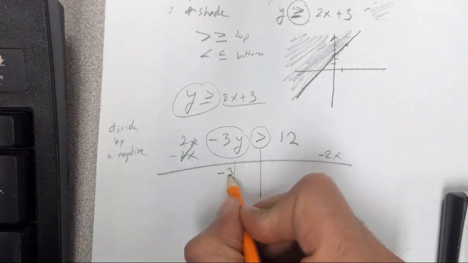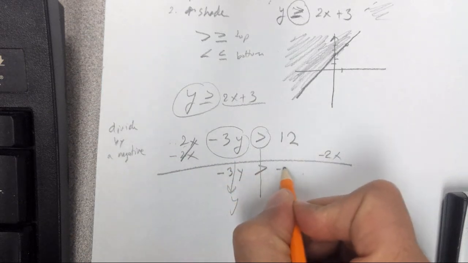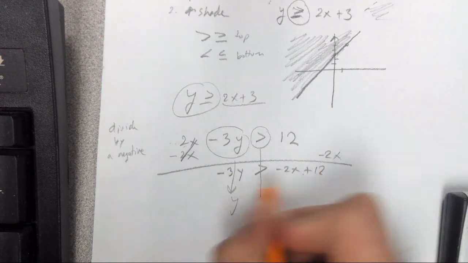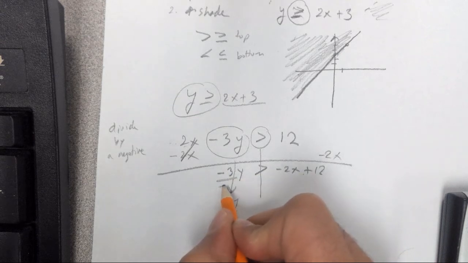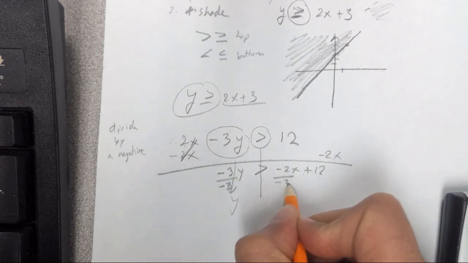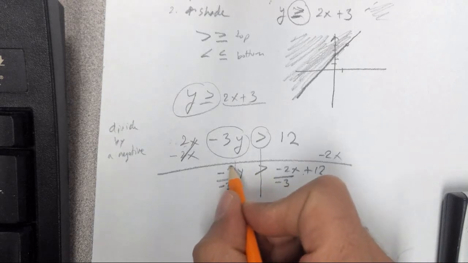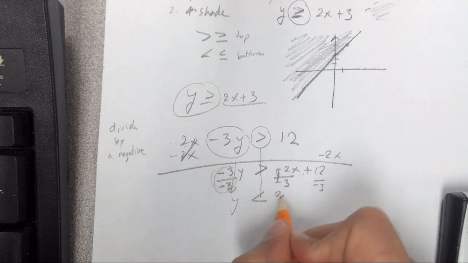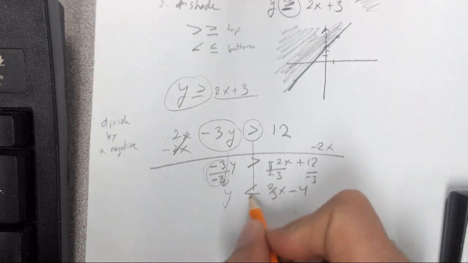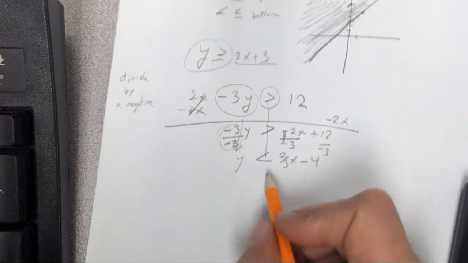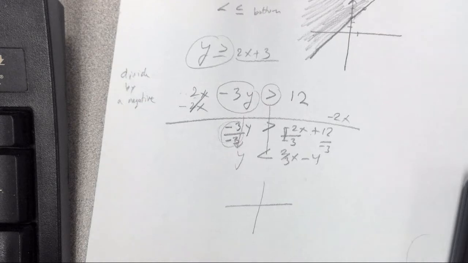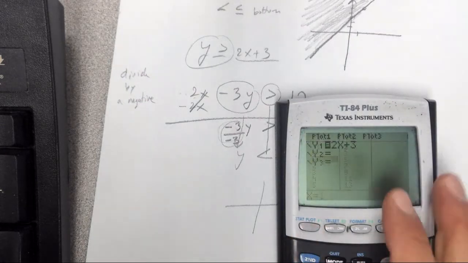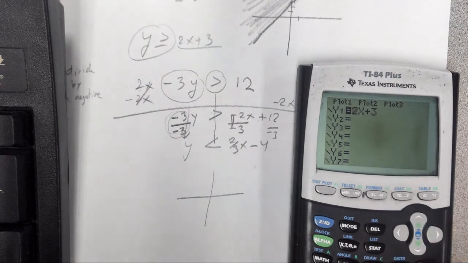But when you get to this part right here, you want to get the y by itself. This is the part where you divide or multiply. In this case, we're going to divide by negative 3. And whenever you divide by a negative number, the inequality flips. And that's a really big deal because now instead of shading the top, you're going to shade the bottom. So when I graph this one, y equals 2/3 of x minus 4.